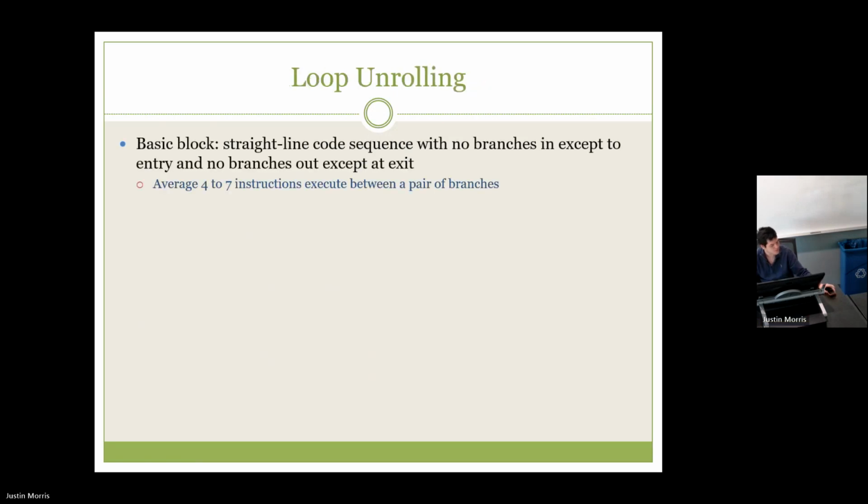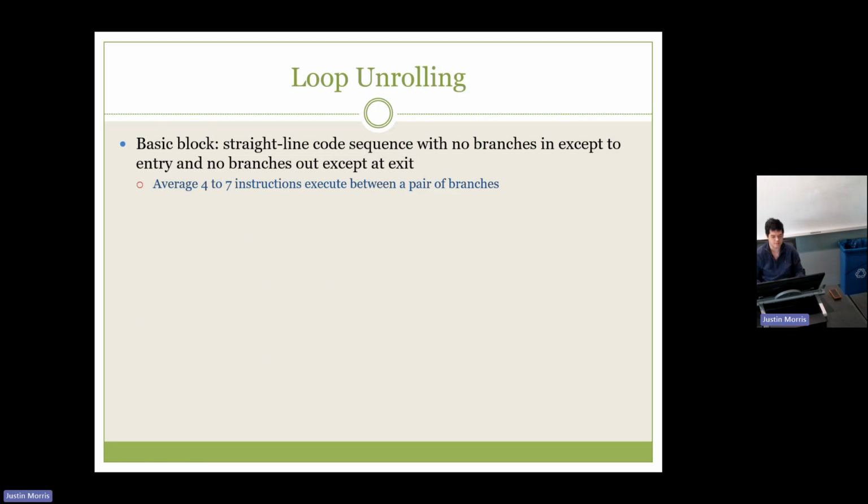All right. Another optimization that you may encounter is loop unrolling. So this is going to turn some for loop or something like that, rather than branching back, it's going to just copy paste all of the instructions.